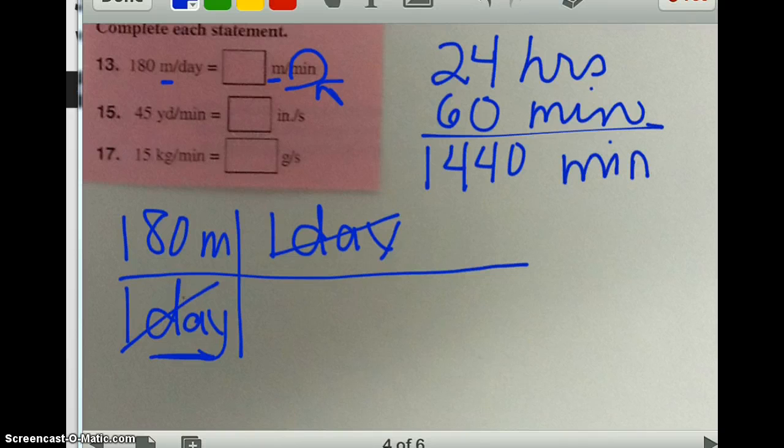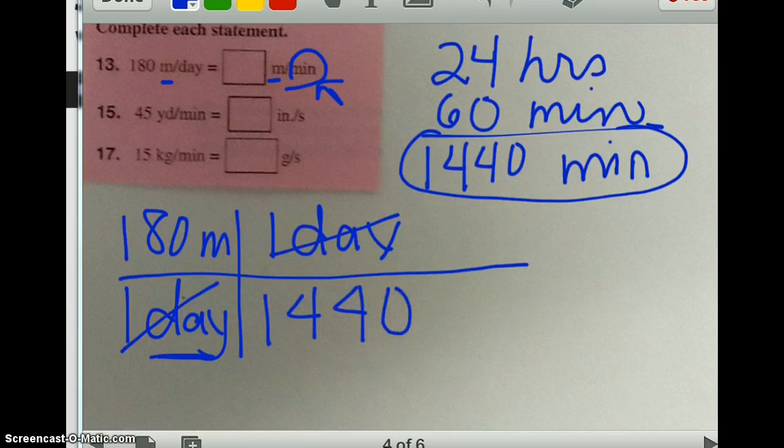So some people would just say, okay, I'm going to take 180 and divide by 24, divide by 60. That's a great idea. I'm going to put them together first and say that I'm going to have 180 divided by 1,440, and that's minutes. So do you see how the days went away and I ended up with minutes?